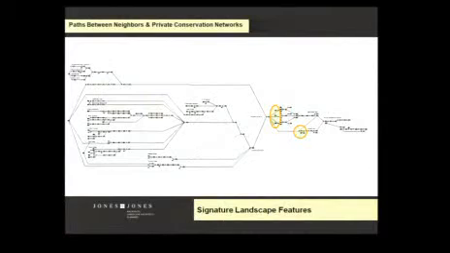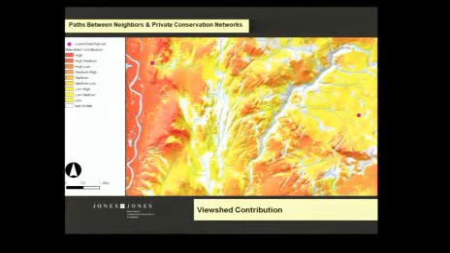The second contributing input is to identify the signature landscape features. What are the features? Basically, how does the landscape express itself? So by using viewshed modeling, we identified the locations within this region that had the highest view potential.